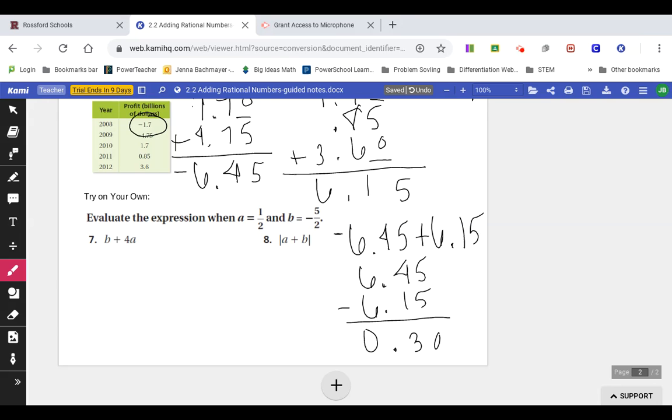Since 6 45/100 is negative, I know my answer is going to be a negative 30/100 or negative 3/10. So there is a profit of negative 3/10 billions or $300 million. Go ahead and try 7 and 8 on your own.